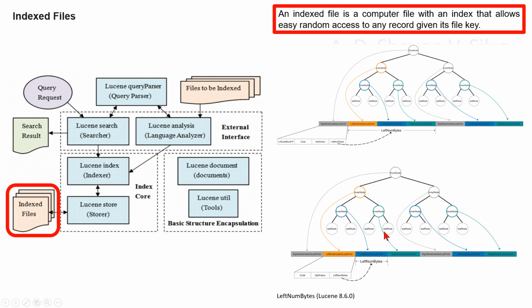Here you can see the root node is connected to the right node, which has no leaf child, and this inner node is connected to the left node, which has no leaf child. This consists of code, split value, and left num bytes. So it covers this left num bytes here, this section.